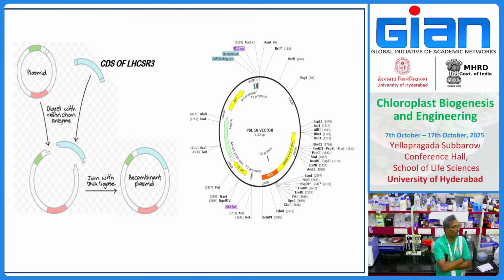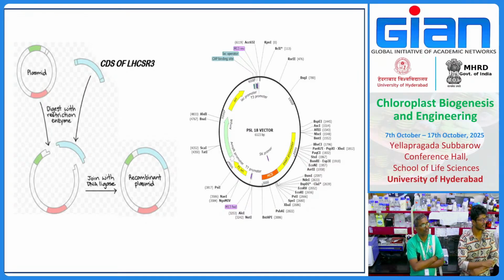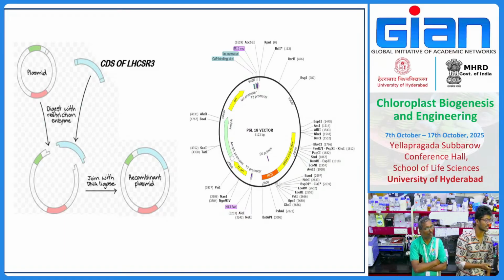Now I'll be back there. So in this way you need to design your vector, and amplify your gene of interest with the restriction sites at the 5' end. Then you will amplify and digest, as you can see here, both the plasmid as well as the gene of interest.